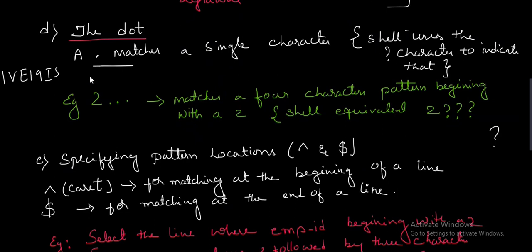The remaining 3 characters I don't know, so I'll just put 3 dots. It will list all the students that come under this particular USN, that is 1 to 66. All the student names it is going to display.